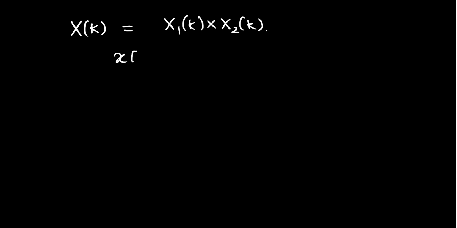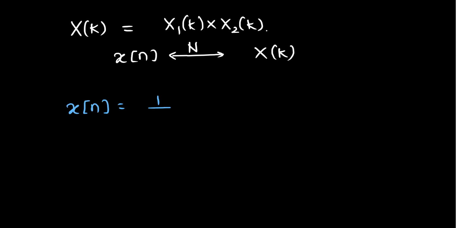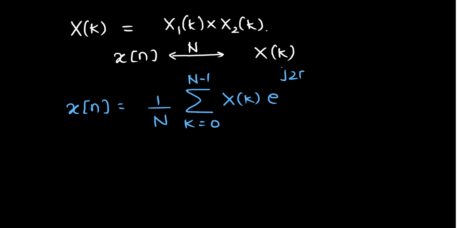So we have this x of n having the N-point DFT as X of k, and therefore using the synthesis equation, this x of n can be given as 1 by N summation k running from 0 to N minus 1 X of k into e to the power j 2 pi kn by capital N. And we know that this X of k is equal to X1 of k into X2 of k.